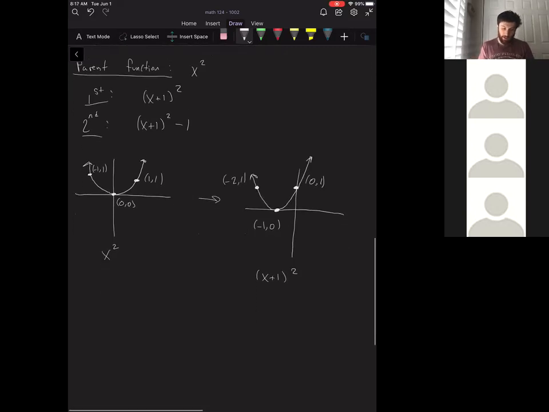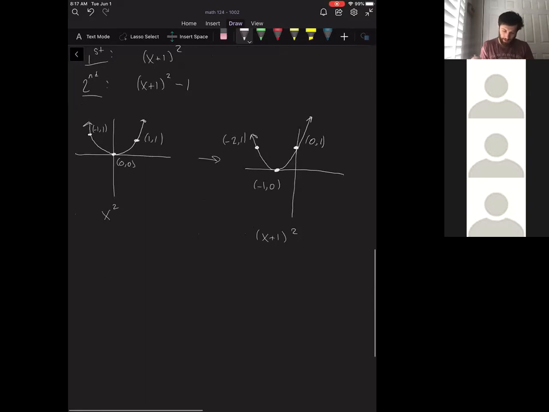Okay, now we move on to the last transformation, which is (x plus 1) squared minus 1. Let's move down here. So now what we're doing is we're subtracting a 1 from the outside of the x. And if you look above, when we subtract 1 from the outside of the x, that means we take all of our y values and we subtract 1 from them. So here we have this point -1, 0.